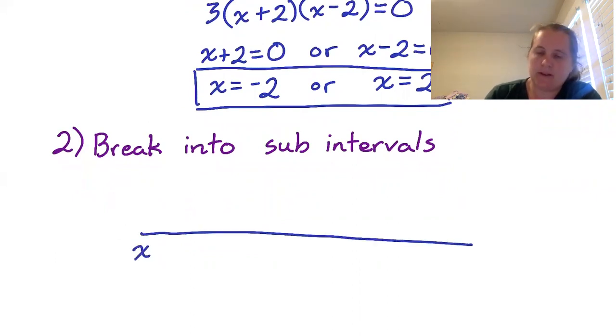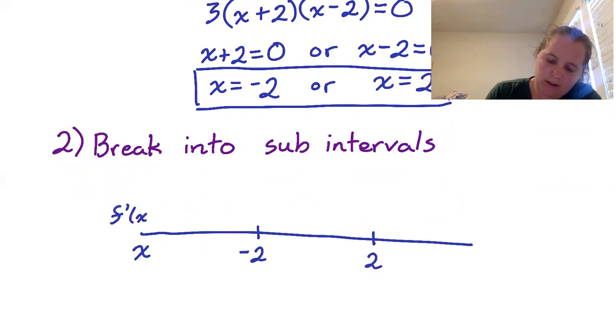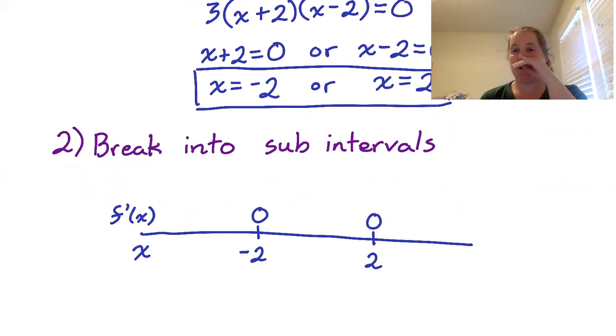X is what is going to be marked along the bottom. So the only points of interest are at x equals -2 and x equals 2. And then f prime of x at those points we know was 0. I like to just keep record of this because as we keep going in this class, it'll be useful to keep record of what type of critical value we were working with.